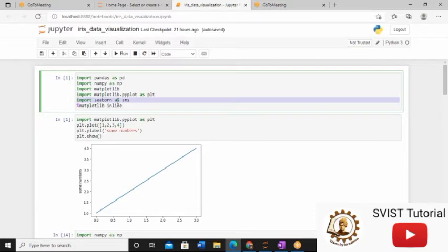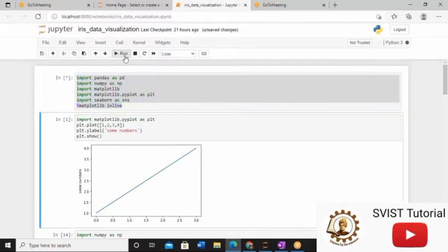But you have to remember this Seaborn is built upon this library function. So all of the library functions you have to include whenever you are trying to draw some specific plot. So include each and everything, and then just click on run.